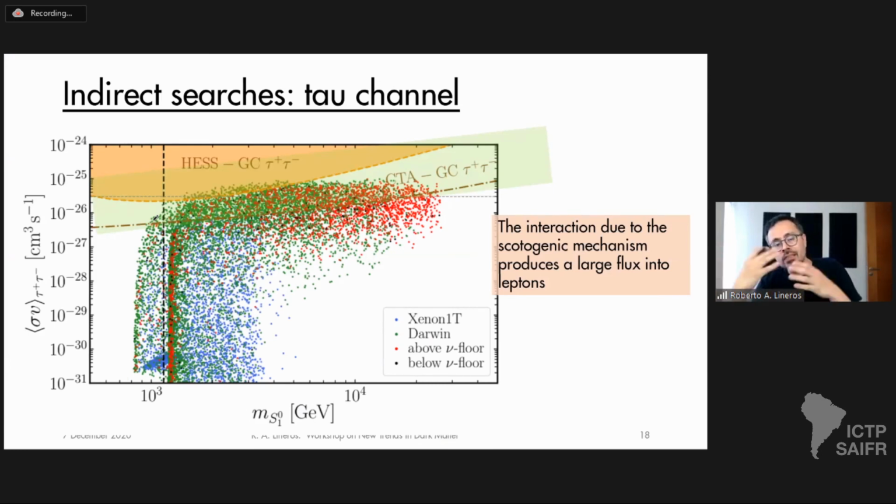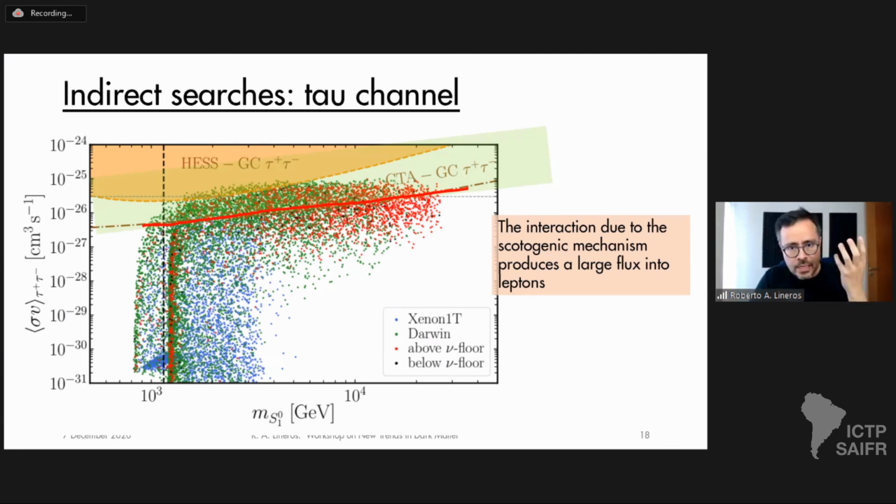Besides the channel going to WW, one particularity of this model, which is not in the minimal dark matter scenario for these TeV cases, is the potentiality that the flux of annihilation into tau leptons is very bright, which is also in the range of the future CTA. So part of the model could be explored using CTA, but in a leptonic channel that is kind of new for this class of scotogenic models in this range of masses.